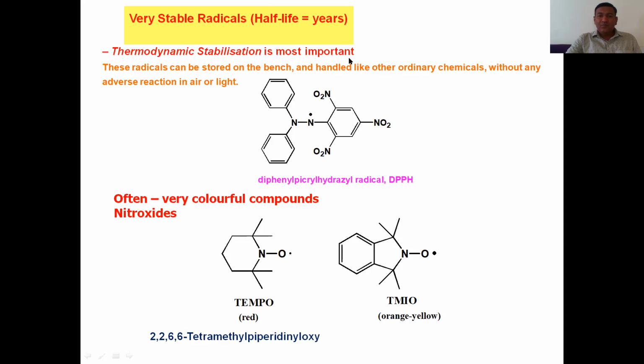Thermodynamic stabilization is most important because at room temperature also we can store it. These radicals can be stored on the bench and handled like other ordinary chemicals without any adverse reaction in air or light, right? So this is DPPH.